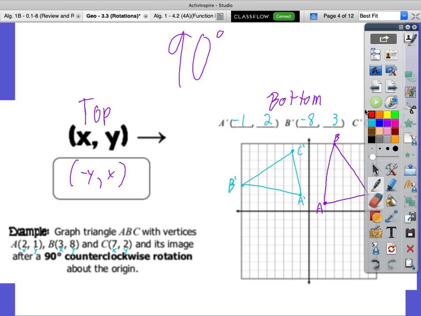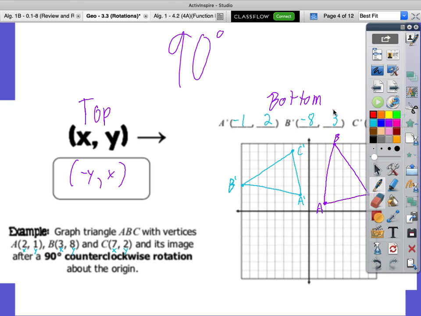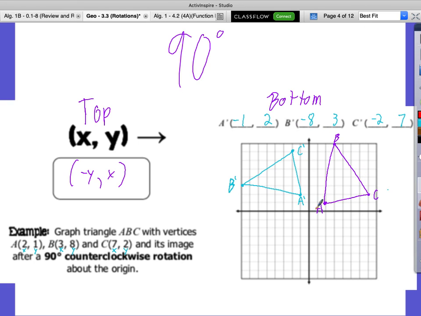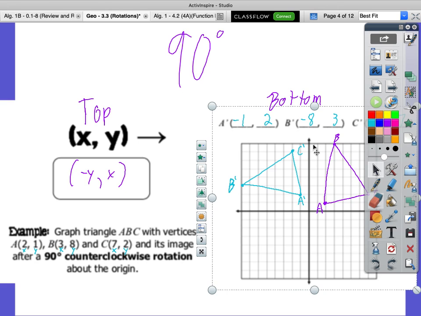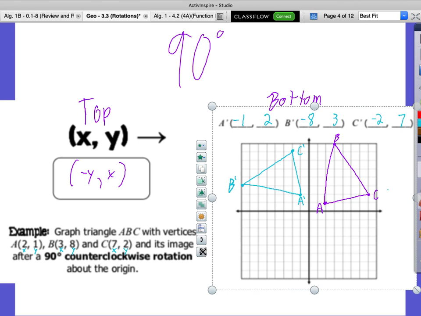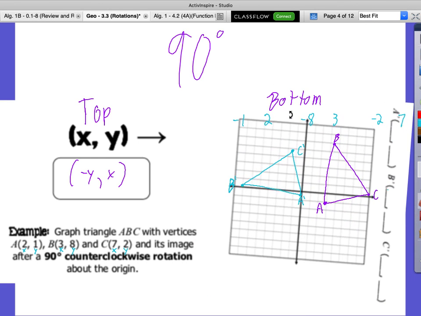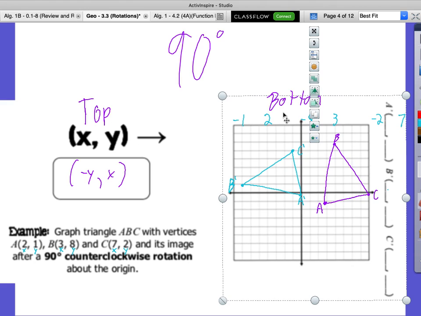Another way that sometimes can help me is, knowing that originally I went 2 to the right, 1 up from the origin for A. So if I turn my paper, or if I take this and rotate it this way, I'd go 2 to the right, 1 up.